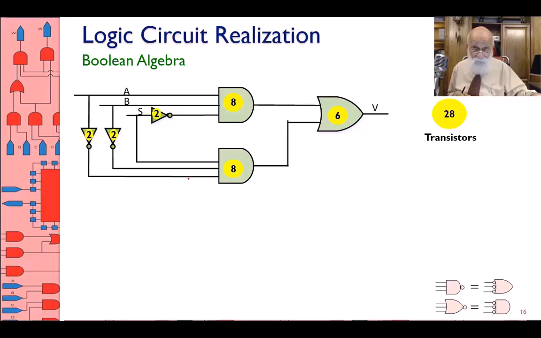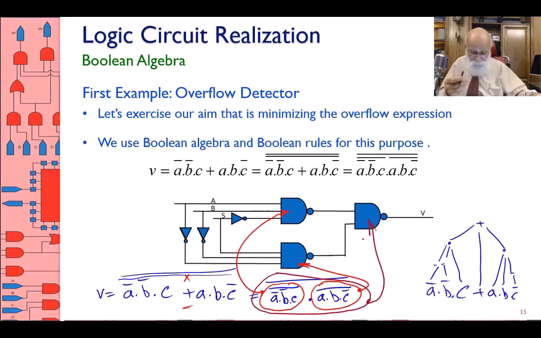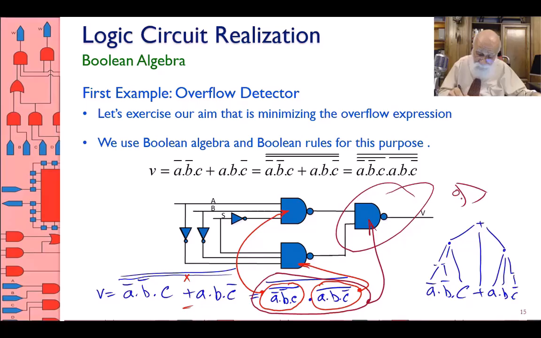When we have something like this, it is 28 transistors if we turn it into transistors. By simple manipulation of Boolean algebra, I used that circuit and turned it into this circuit. By the way, the output NAND, which you see over here, is no different than this. Why is this?